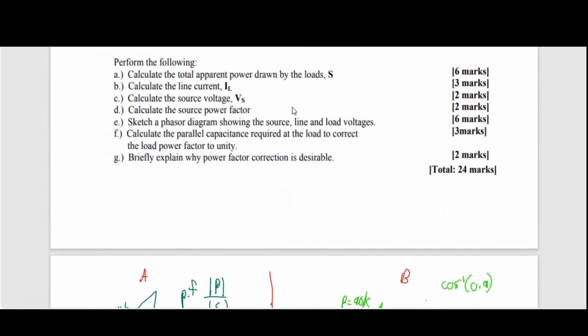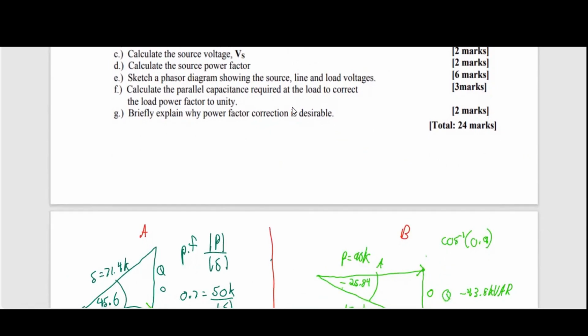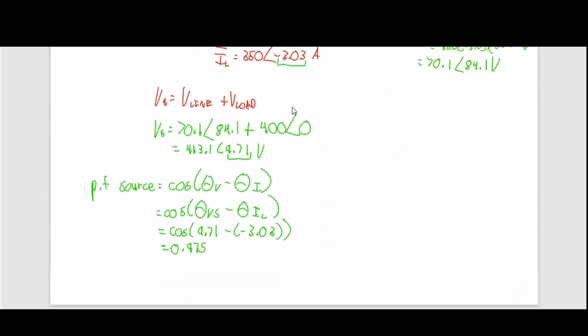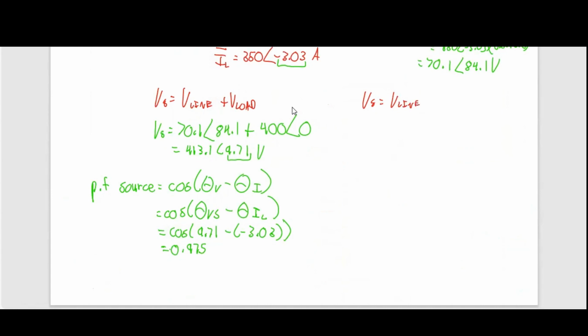The next thing I want us to do is get the sketch phasor for the source, line and load voltage. It's the same thing. Remember I said the equation is V S equal to V line plus V load, right? So we need V S. V S was 413.1 angle 9.71, right?